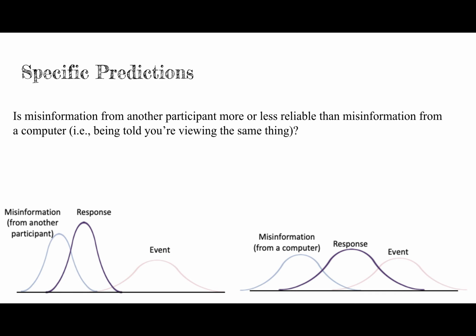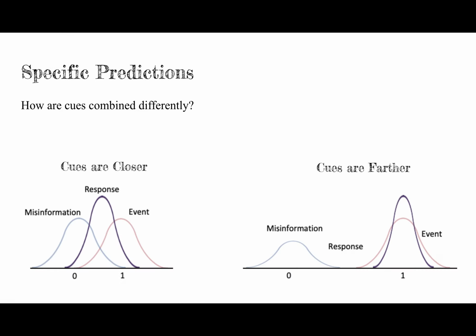Is the misinformation effect from another participant more or less reliable than that of a computer? One explanation could be that the participant's misinformation is considered more reliable because of the memory conformity phenomenon. Therefore, their answers will be pulled more towards the misinformation in that condition compared to the computer condition.